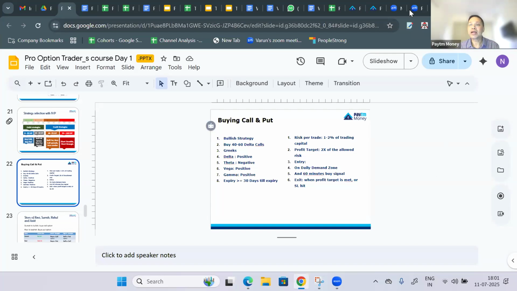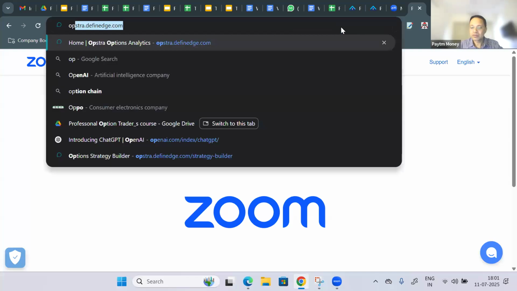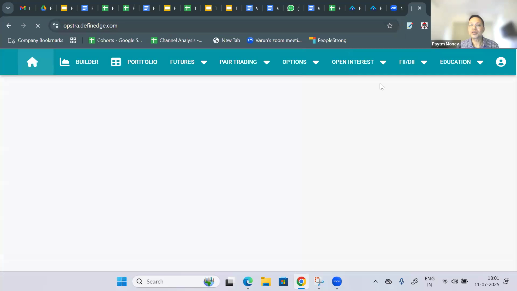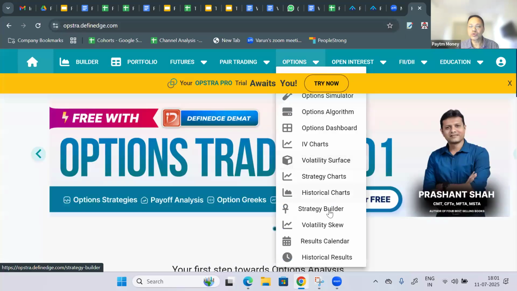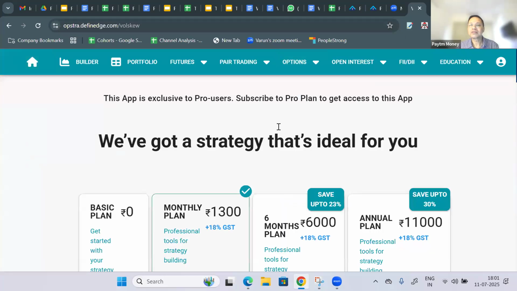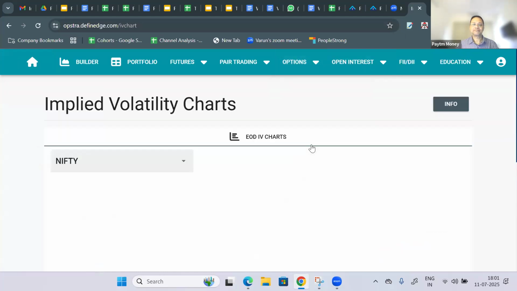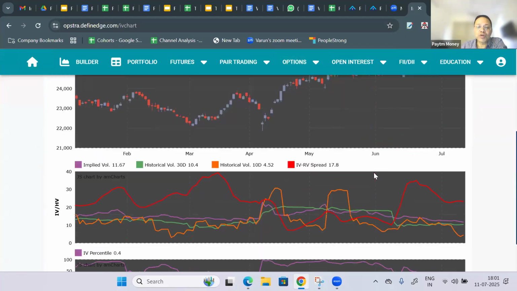You can go to a site called Opstra. You go to options, then volatility, and then the IV chart.